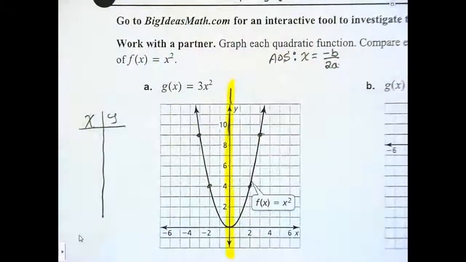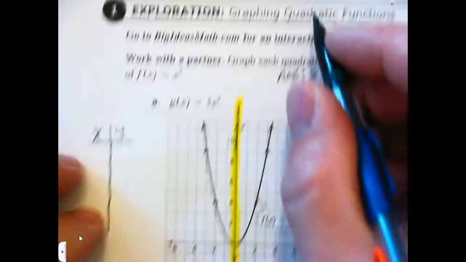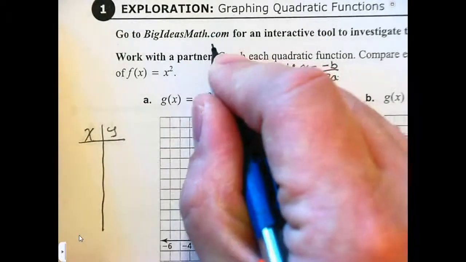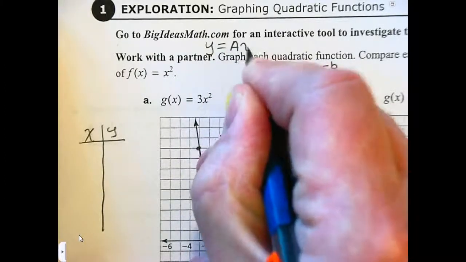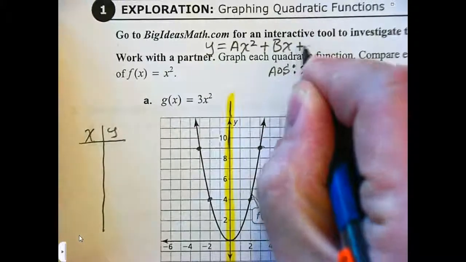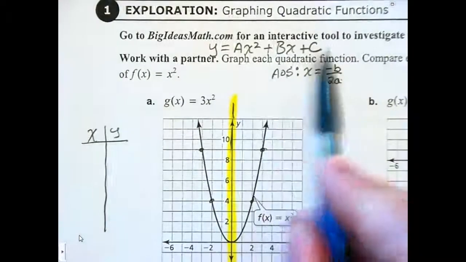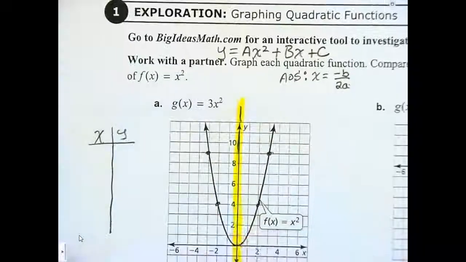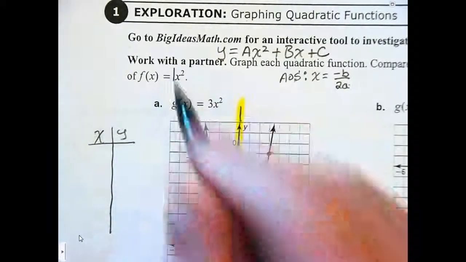In standard form, a quadratic is y equals a times x squared plus b times x plus c. If you think back to last chapter, we had this format, and the thing attached to the x squared is called our a term. So in this, our a term is 1.